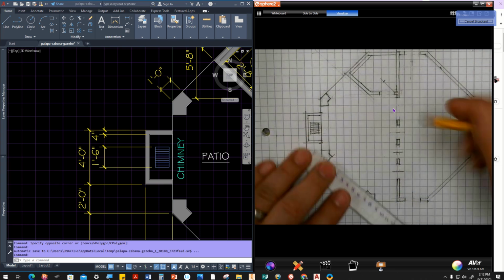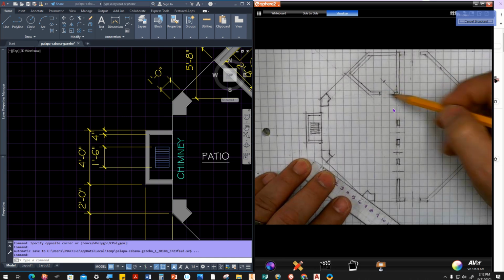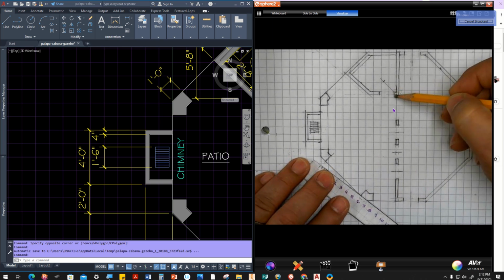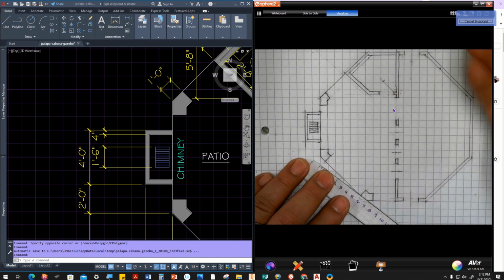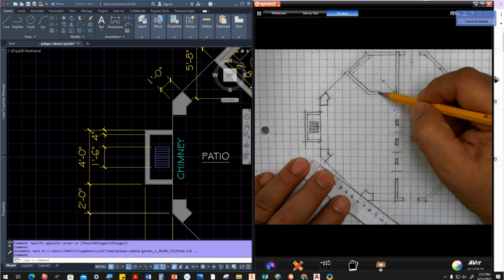Ensure that you place the door at the correct hinge point. Don't place it here on this corner. This is where the hinge goes, inside the room, because the door opens inside the room. Then you're going to draw an arc.